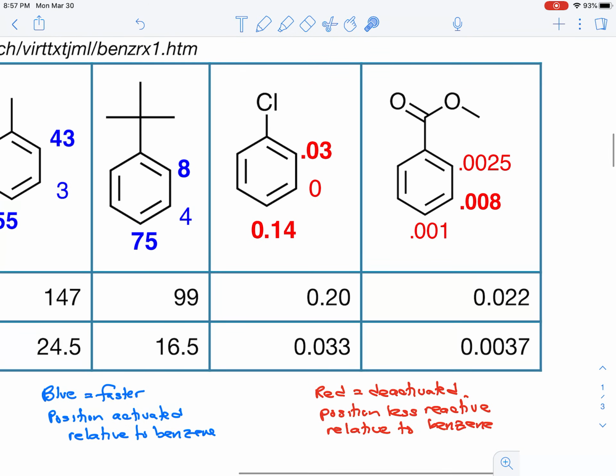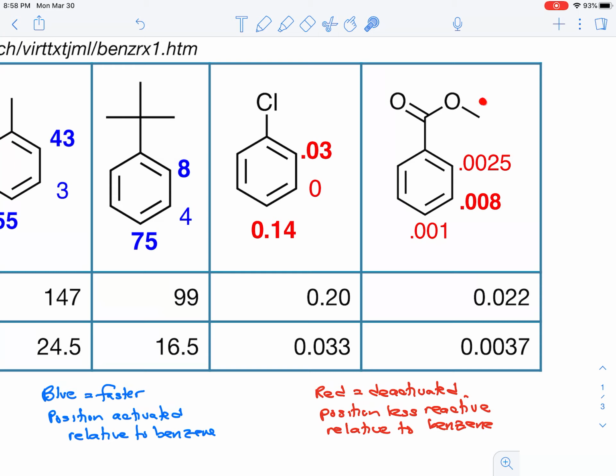Now if we look at these two deactivators, you see that all of the positions of the ring are deactivated. The ortho position is deactivated, the meta position is deactivated, and the para position is deactivated. What you can say here is that the meta position is less deactivated than the other positions.